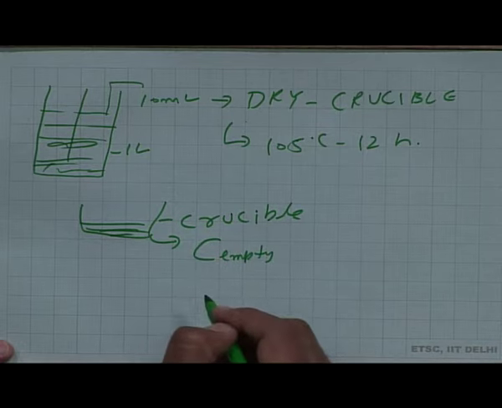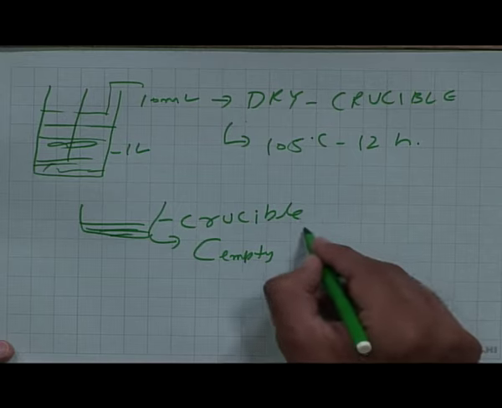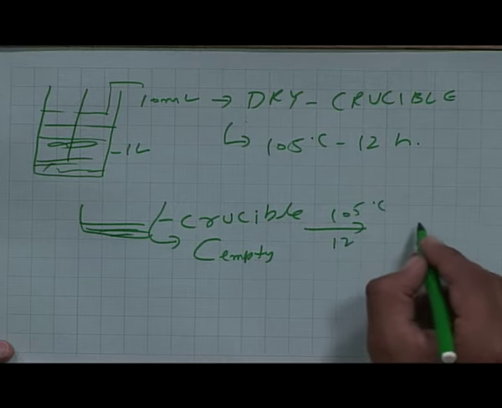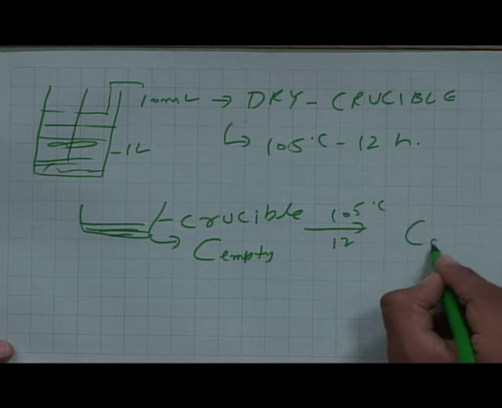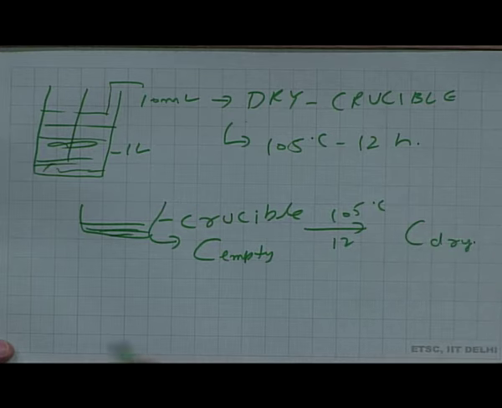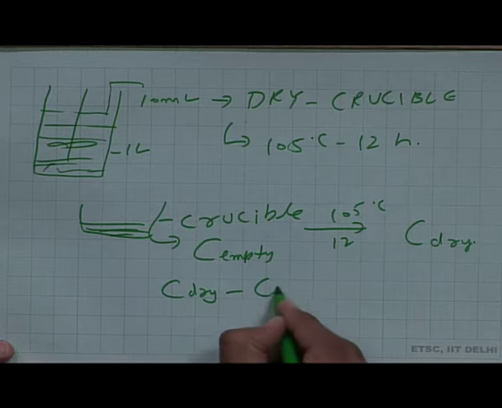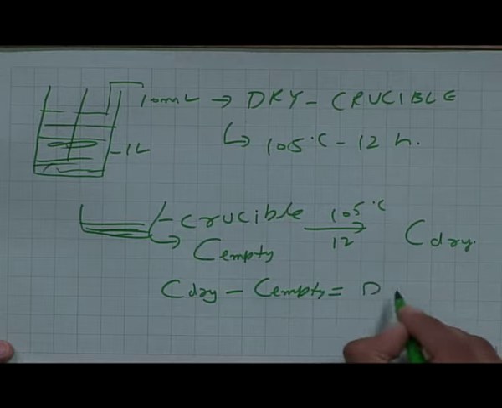Okay. And after you basically dry it at 105 degrees 12 hours, and now you say is C dry. Okay. So, C dry minus C empty will give you dry weight of cells.